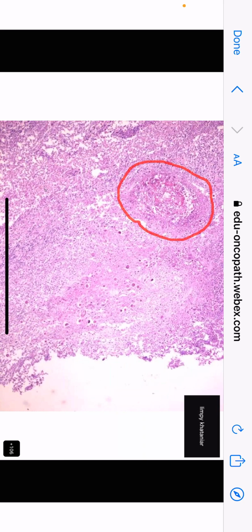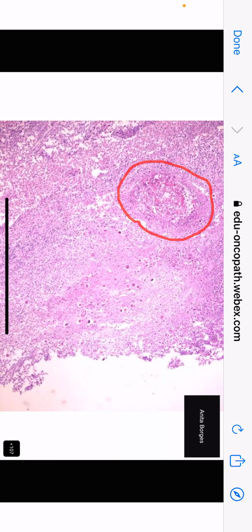Vimy, what's the shape? Granuloma, ma'am. Granuloma. Organized collection. Circumscribed. You don't see that there is a shape that looks as if it is circular.